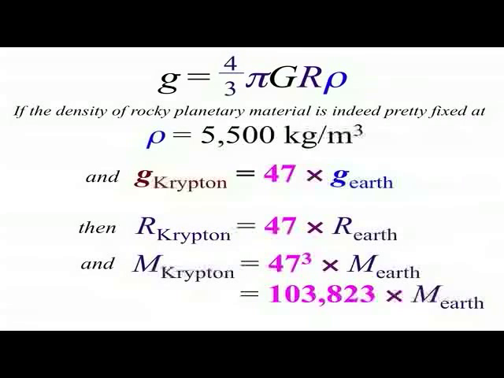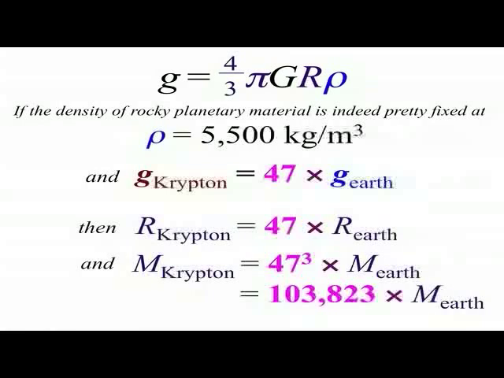This strongly suggests that any solid rocky planet anywhere in the universe is probably built out of stuff like the Earth is built out of. And we would expect all rocky planets to have roughly the same density, 5,500 kilograms per cubic meter or so. If that number's fixed for all planets, then notice the G and the radius are the only two variables left in that expression.